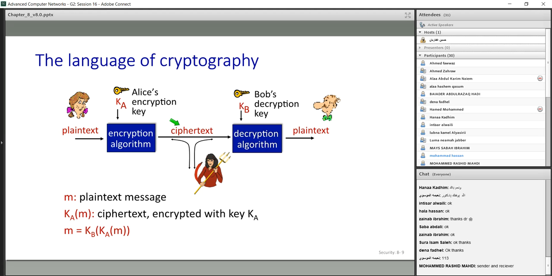Ciphertext is the encrypted message, encrypted by a key, an encryption key. For example, if the message is the message which is encrypted by Alice's key.